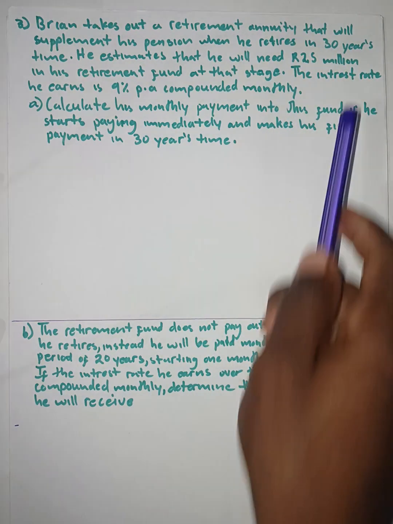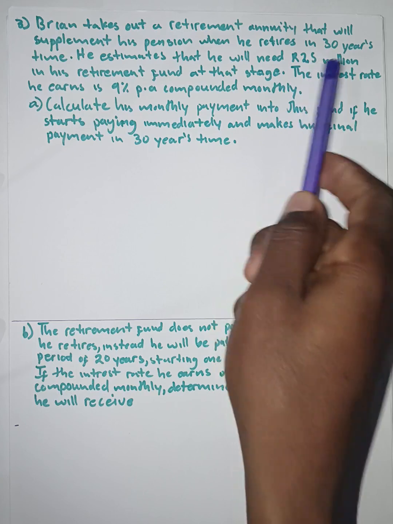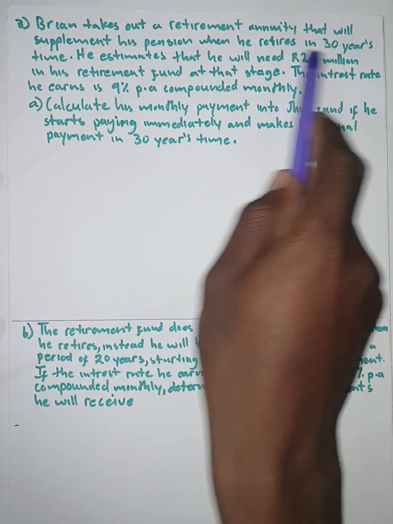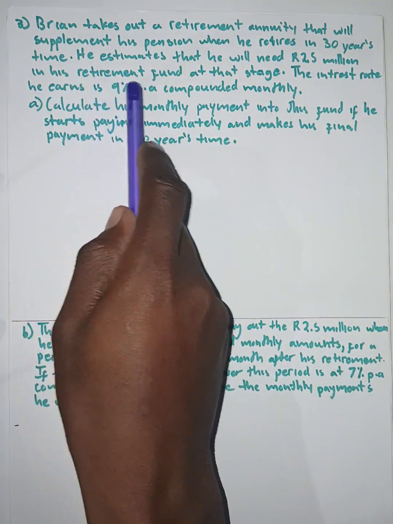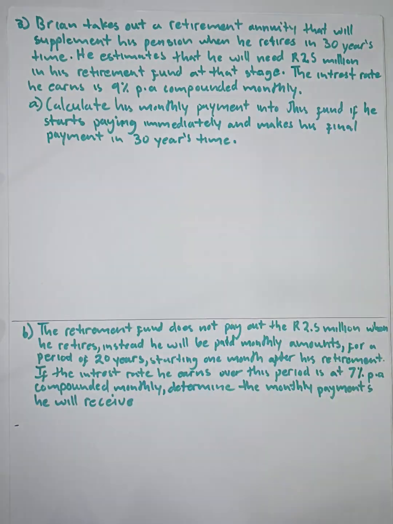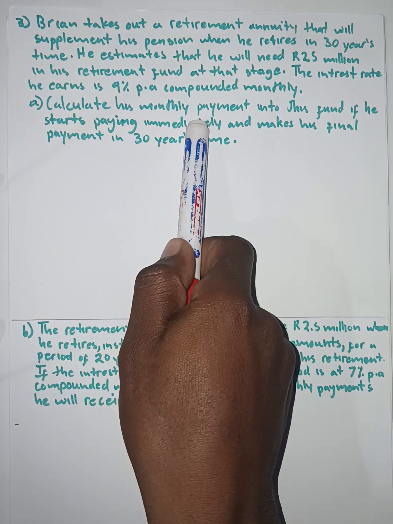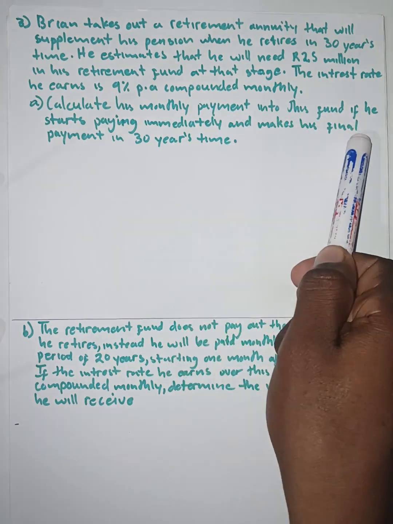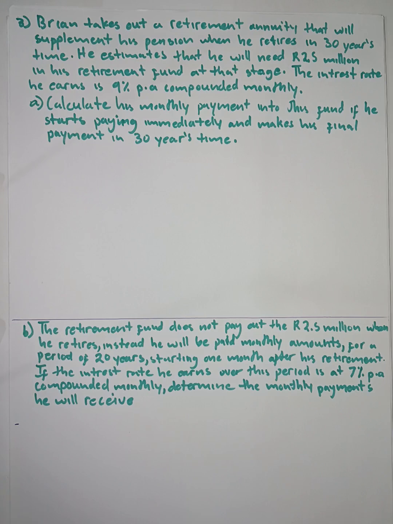They said he will need that amount in his retirement fund at that stage. The interest rate he earns is 9% per annum compounded monthly. Calculate his monthly payment into this fund if he starts paying immediately and makes his final payment in 30 years time.